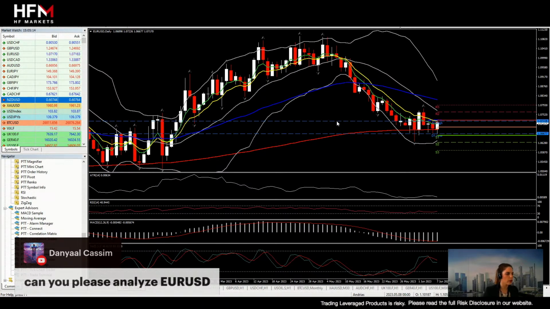Overall, as I keep saying week after week, euro dollar remains to the downside, but the key will be the extension, a confirmed closure below the 200-day moving average and the 1.0650 territory.